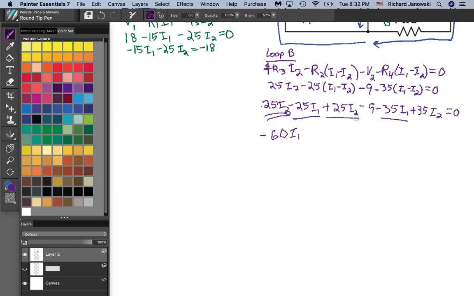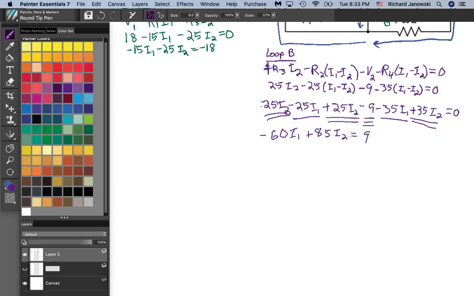So there's an I2 term, another I2 term, and another I2 term. So 25 I2 plus 25 I2 gives us 50 I2, plus another 35 I2 gives us plus 85 I2. And then the last thing, don't forget about this guy, is we had a minus 9. I'm going to add 9 to both sides to get him on the other side. So there's our other equation.